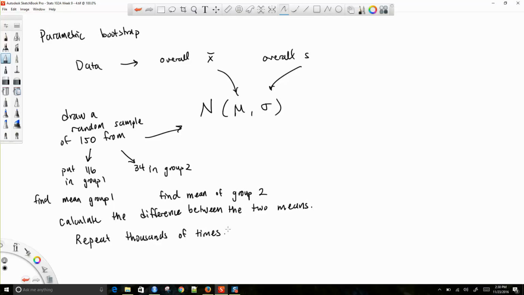Then at the end we see how often did we end up with differences as large as the one we have or greater. And we estimate our p-value by finding how often we get differences as large as the one we observed.